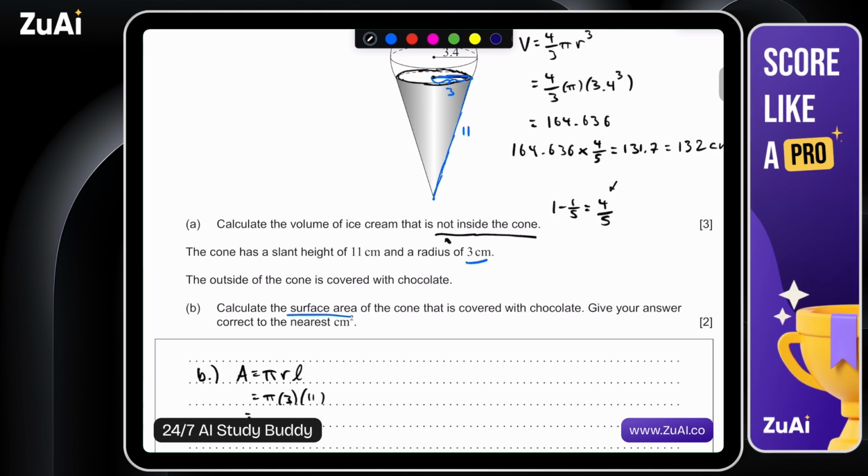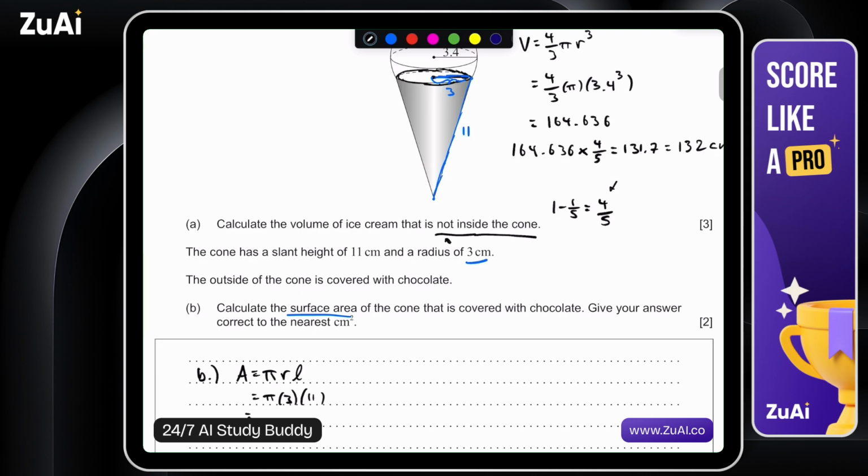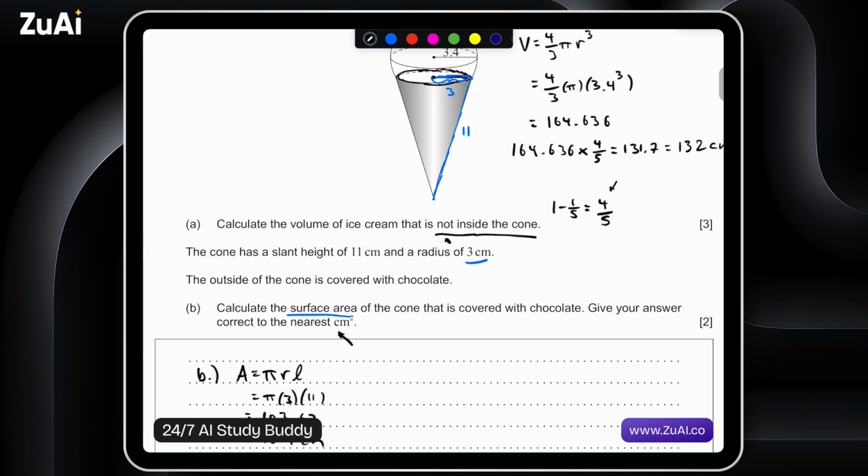So it's pi times 3 times 11, and this will give a value of 103.67. To the nearest centimeter that is 104 centimeters. I'd almost wonder if there was something more to that question, because it seemed a little straightforward, but that's all there is to it.